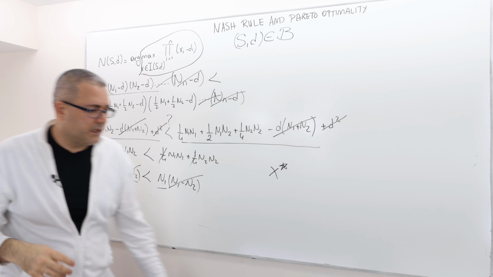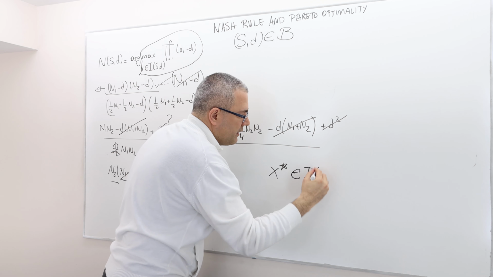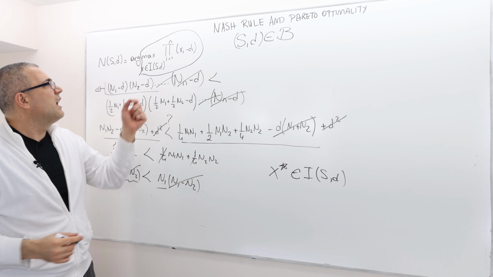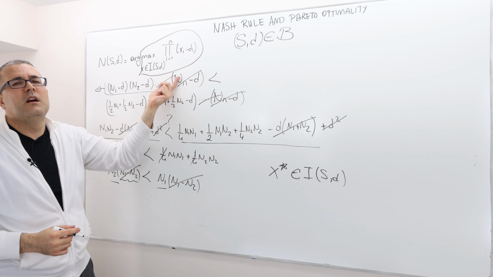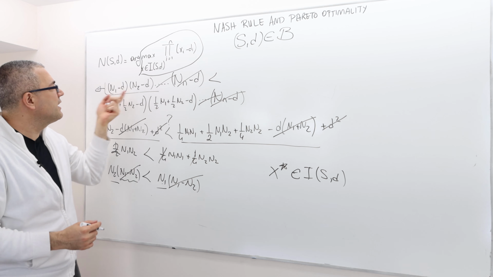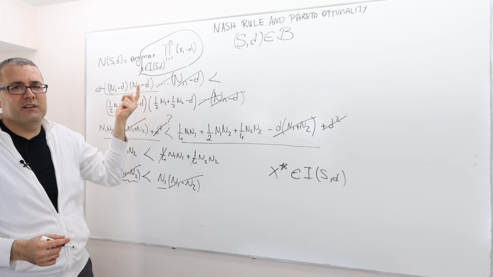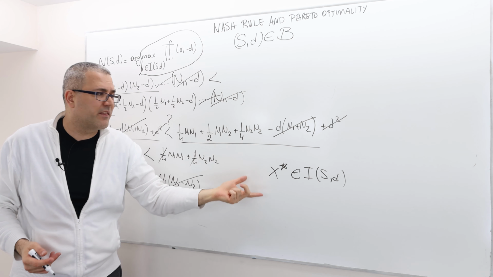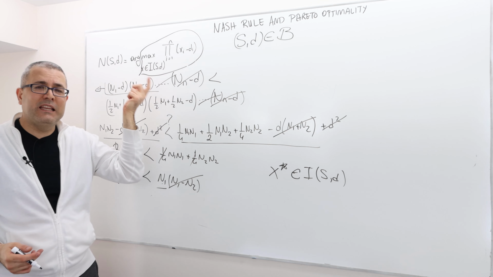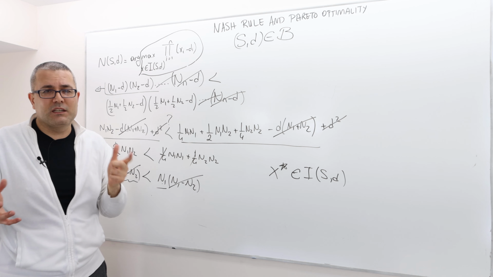So what I found is that there exists some x star, which is individually rational and feasible, which yields a higher number than the Nash solution, which is a contradiction because the Nash solution should be the argument that maximizes this. However, I just found another feasible individually rational payoff vector, which actually gives a higher payoff than the Nash solution. Again, it's a contradiction.